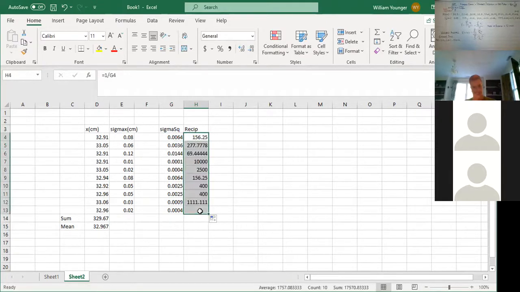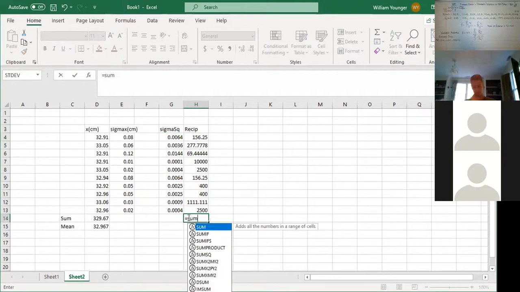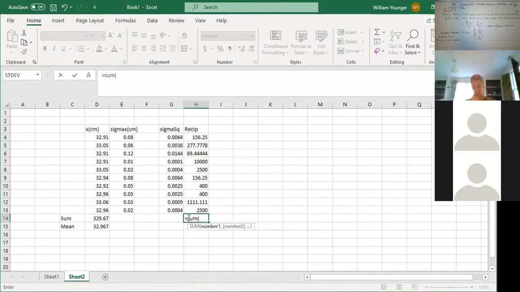And what that is, is the 1 over sigma squared for each of the x's. Now the sum of that is just equals sum of, and this time it's H4 to H13. So I could type H4 colon H13, and that would be just fine.